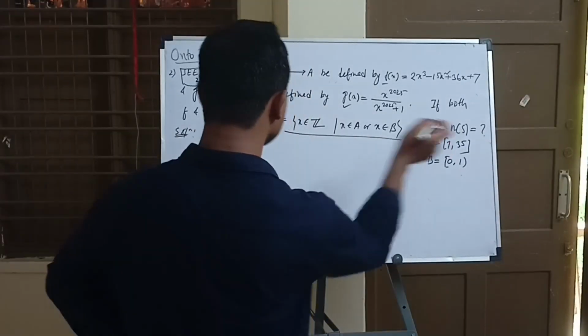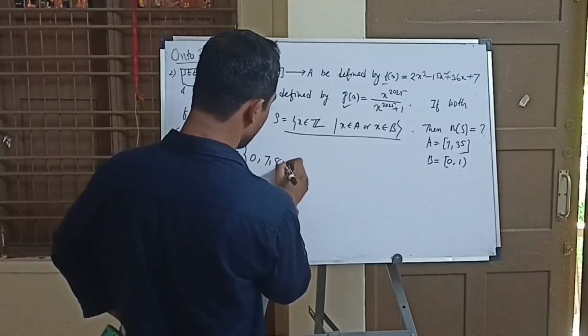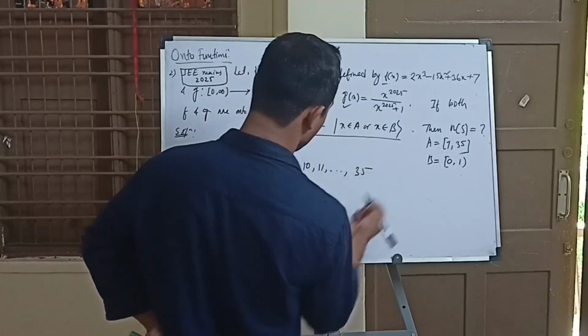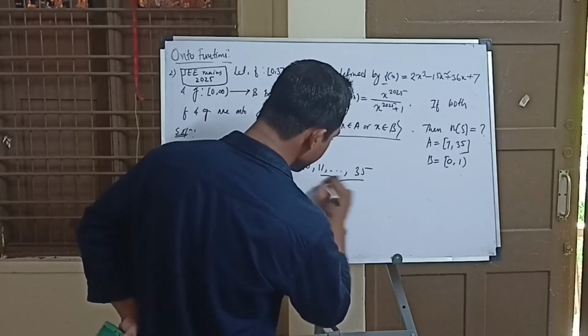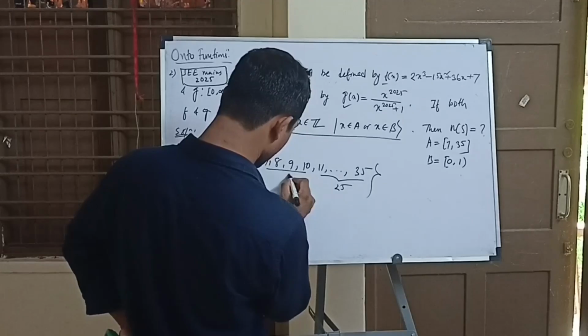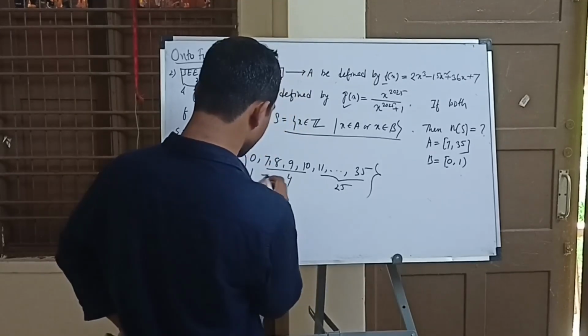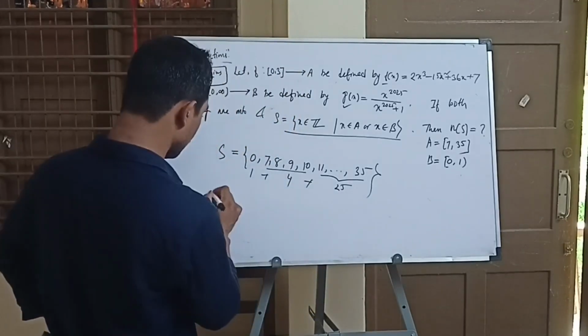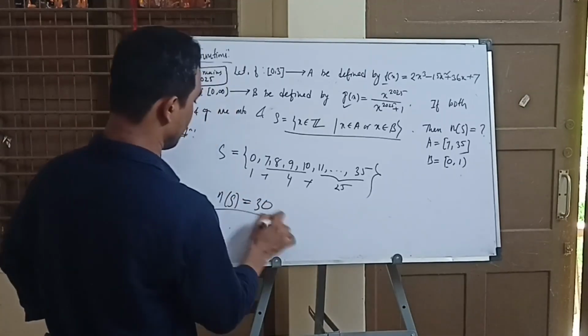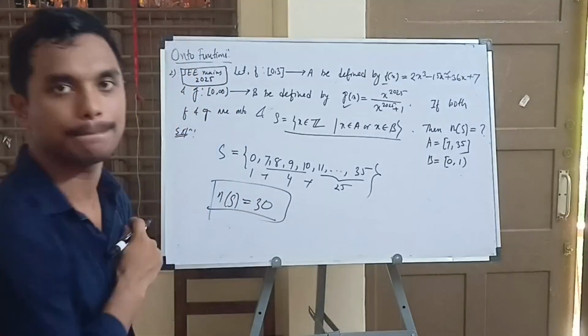And how many integers in A? 7, 8, 9, 10, 11 up to 35. Here how many integers are there? 25, and here 4 integers are there. Here only one integer. Total how many integers are here? The number of elements in S is 30. The correct answer is 30.